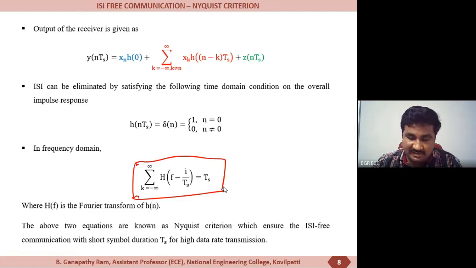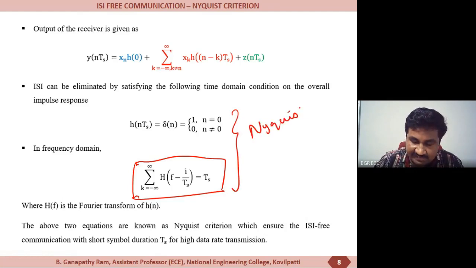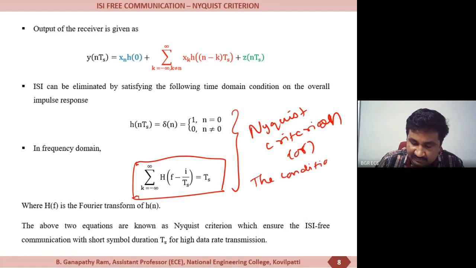So these two equations are called the Nyquist criterion, or the condition for ISI-free communication.